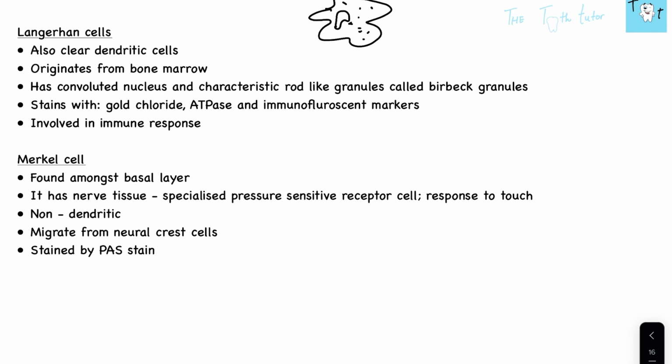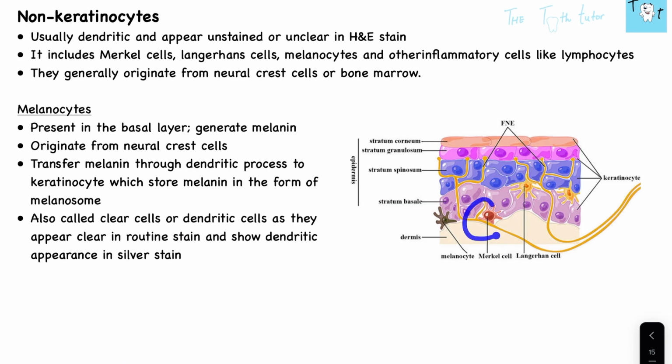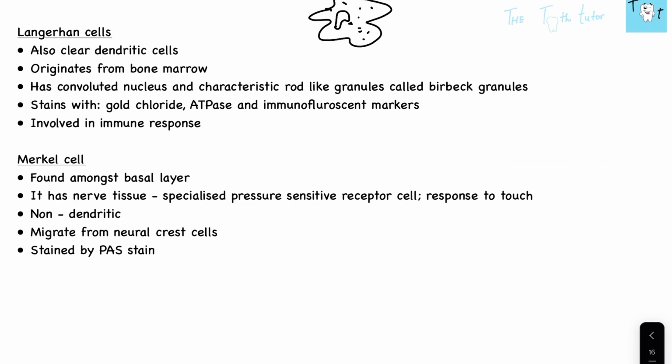Okay. The third one, the Merkel cells, over here, right? The Merkel cells, they are also present in the basal layer. They have nerve tissue, which is a specialized pressure sensitive receptor cell. So they basically respond to touch. Okay, these cells respond to touch. They have receptor cells.